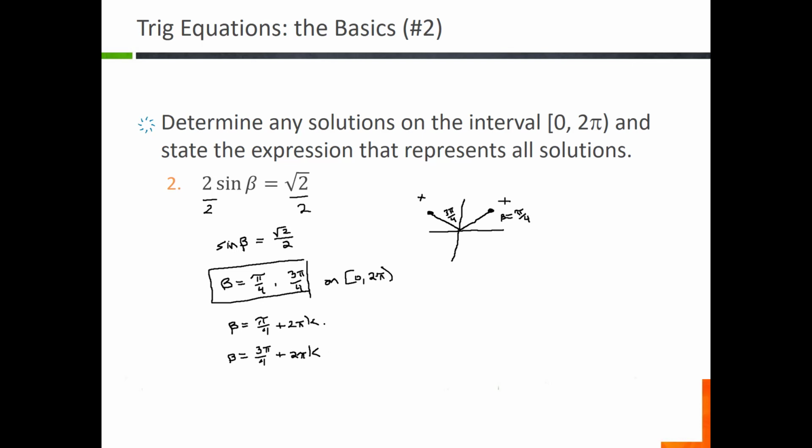And in order to express all of the solutions, we have to have both of these expressions. If you only wrote the pi over 4 plus 2 pi k, you would only get the angles that are coterminal in the first quadrant. And if you didn't do the pi over 4, but instead wrote 3 pi over 4 plus 2 pi k, you would get the infinitely many answers that are coterminal in the second quadrant.